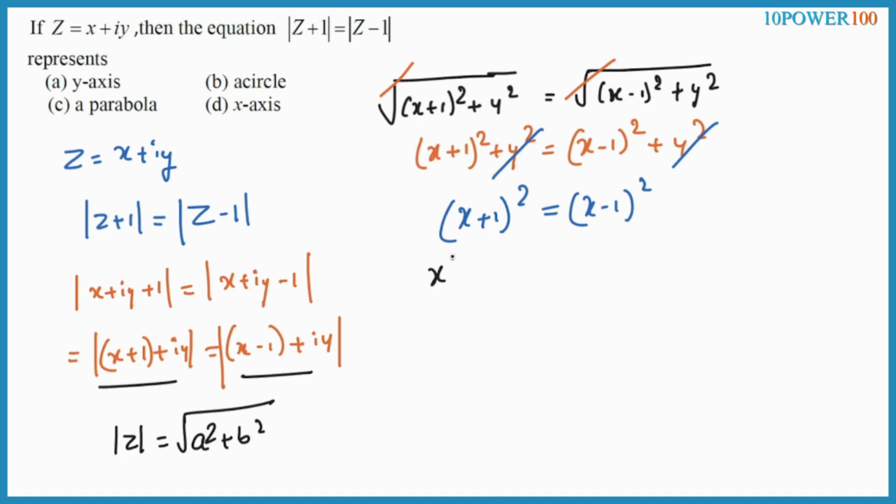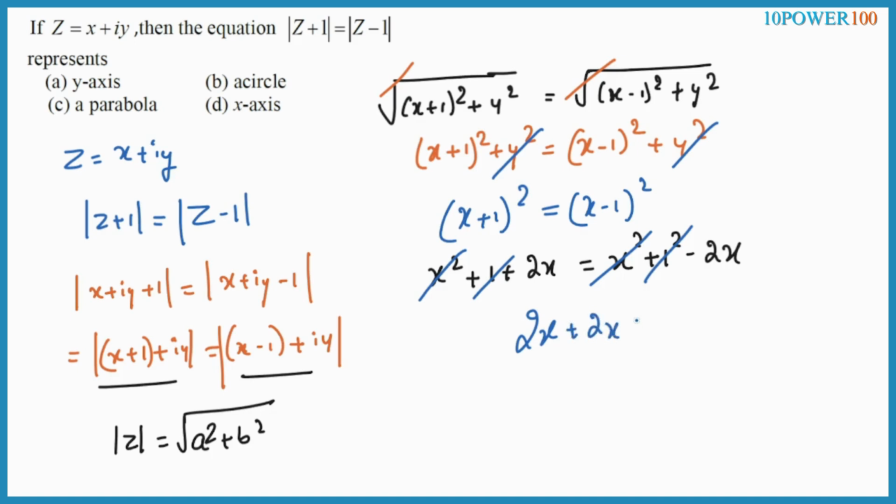We get x square plus 1 square plus 2x is equal to x square plus 1 square minus 2x. We can cancel x square and x square, and 1 square and 1 square. We get 2x plus 2x is equal to 0. I transposed minus 2x, we get 4x is equal to 0, and x is equal to 0.